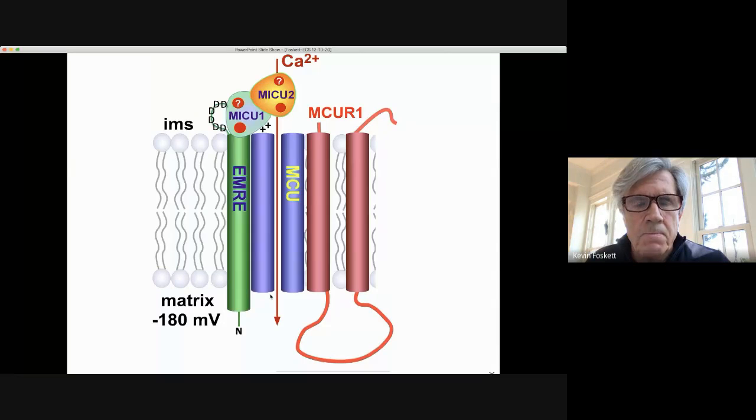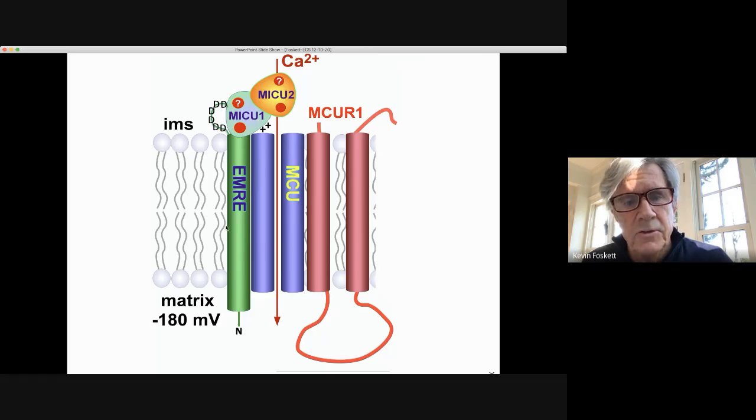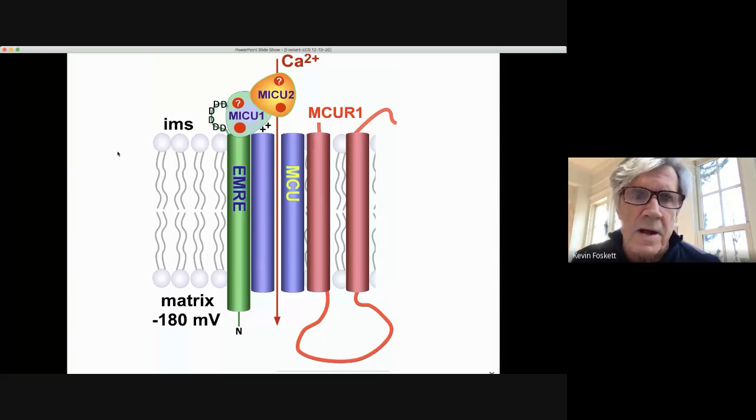In higher eukaryotes, its activity is zero if this single pass transmembrane protein called EMRE is not co-expressed. EMRE then serves as a factor to promote the open probability of the MCU channel. And it also couples through a physical interaction two paralogs, MICU1 and MICU2.